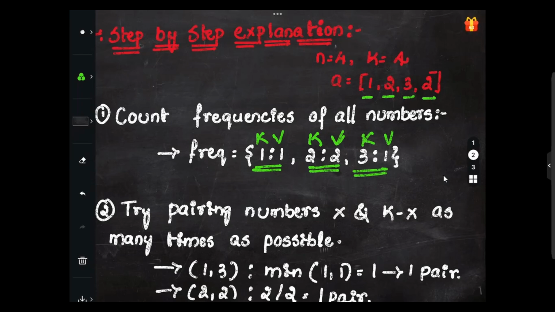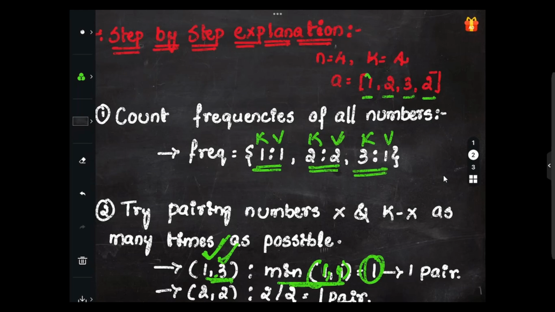Here in this case we have 1 comma 3, and min of 1 comma 1 equals 1. 3 and 1 are repeated only once, which is why we consider the min of the frequency of 1 and the frequency of 3.